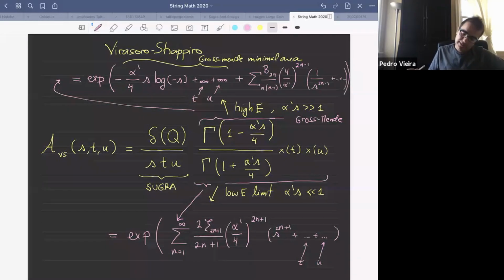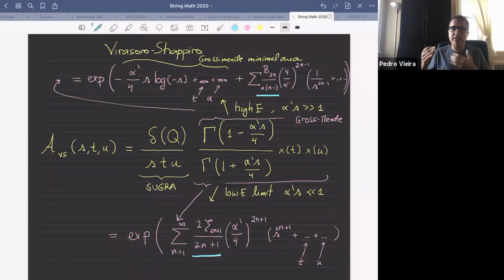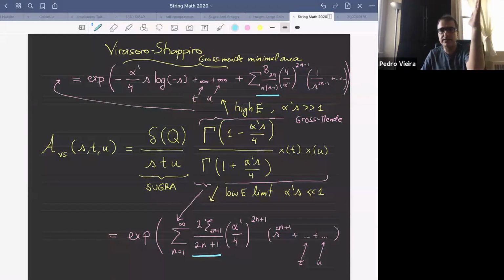And in fact, it is fun to note that these terms here, these Bernoulli numbers, and these zeta functions down here are actually not independent, and they are in fact analytic continuations of each other. So if you take these zeta functions and you continue them to negative values, you get this Bernoulli number. So technically, one way of understanding these two expansions at once is writing the gamma function as exponential of some integral representation.